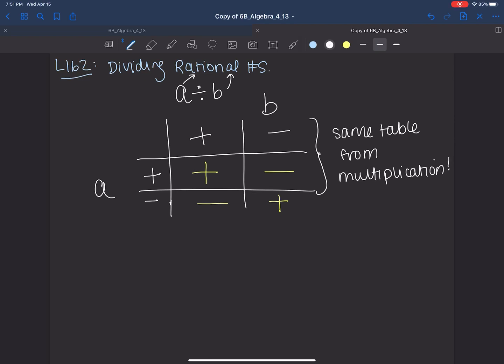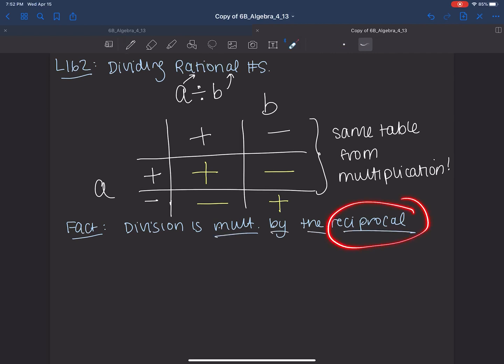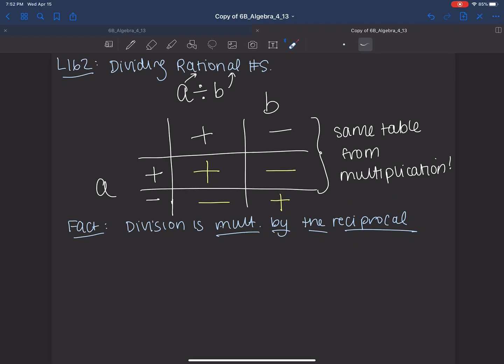Why is that the case? Well, one fact is that division is multiplication by the reciprocal. What do I mean by that? Reciprocal is a fancy way of saying the flipped fraction. So if you originally start with a fraction like 1/4, then the flipped fraction will be 4/1.